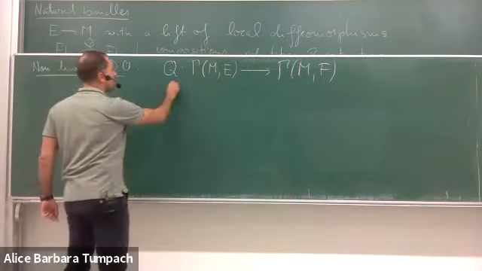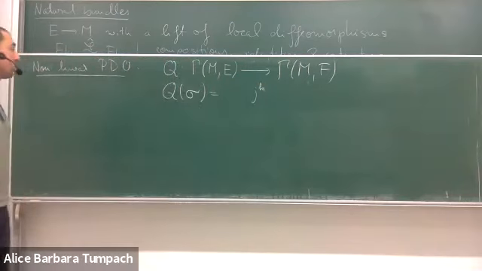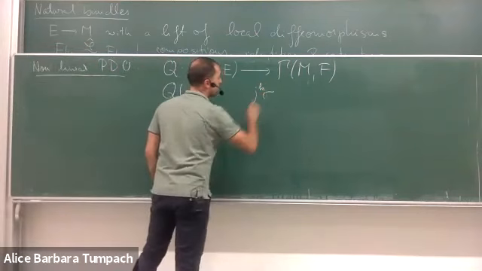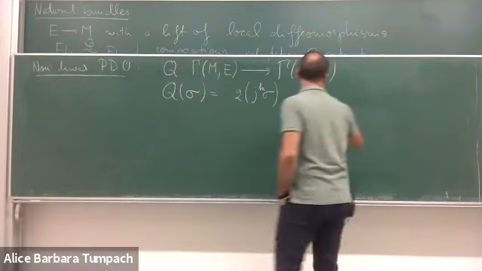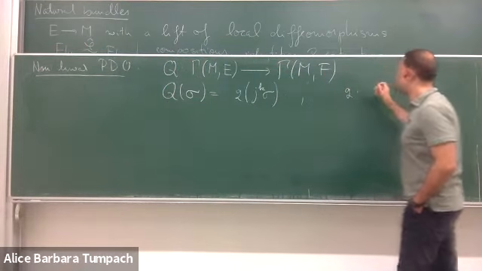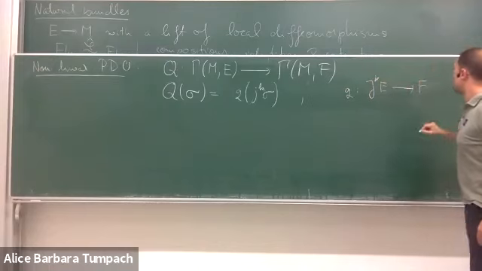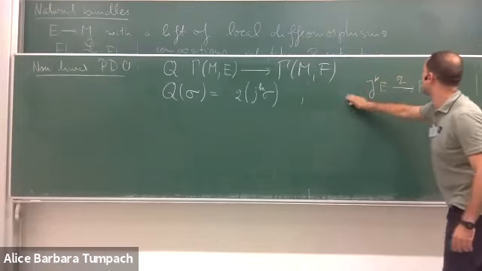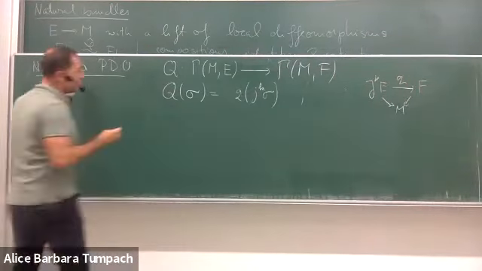Q of a section sigma is simply, if the differential operator is of order k, you take the kth jet of sigma and apply to it a smooth map Q, which is a fiber bundle map from the kth jet bundle of E to F, covering the identity. Okay, so I will look at such maps. These are nonlinear PDOs, and I write nonlinear to make the difference to linear ones.